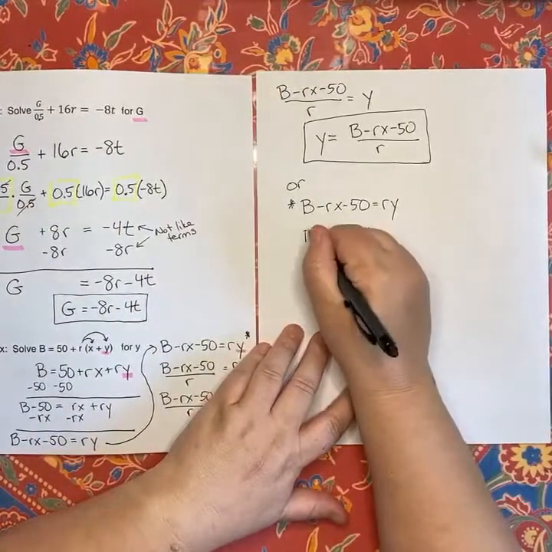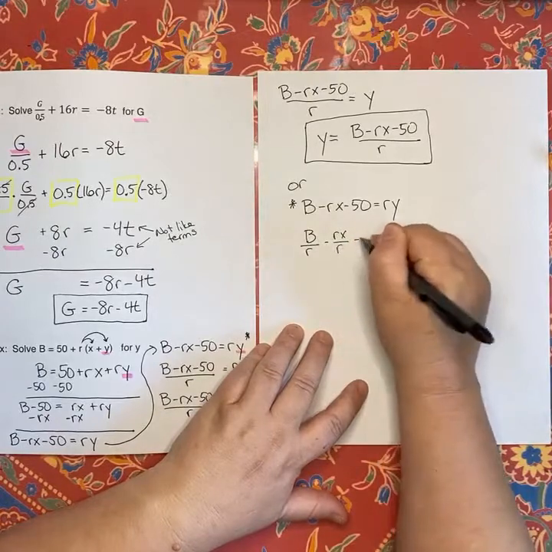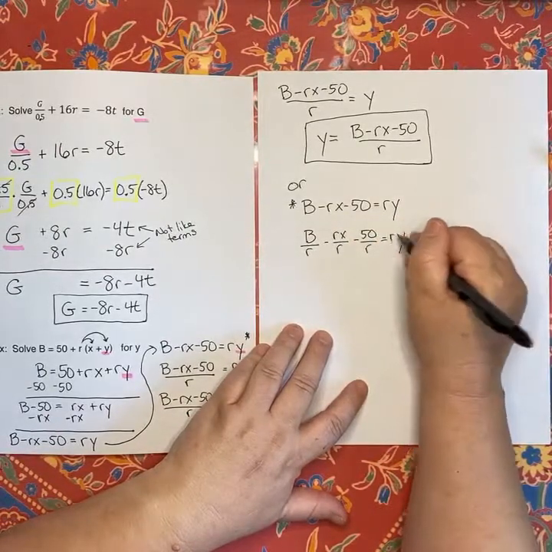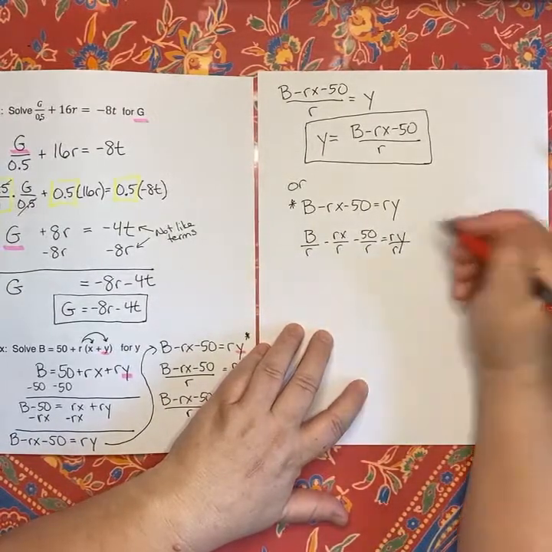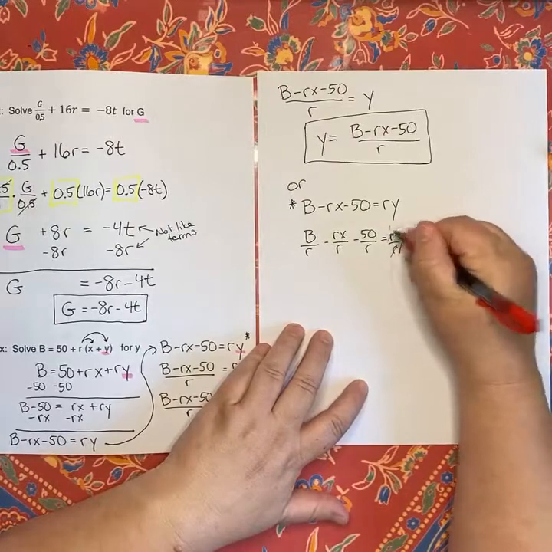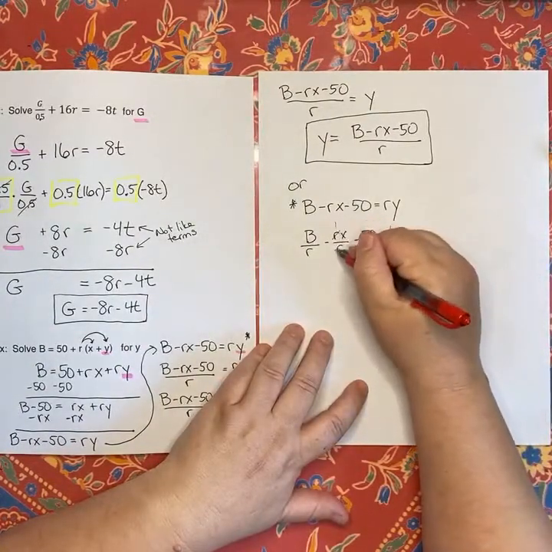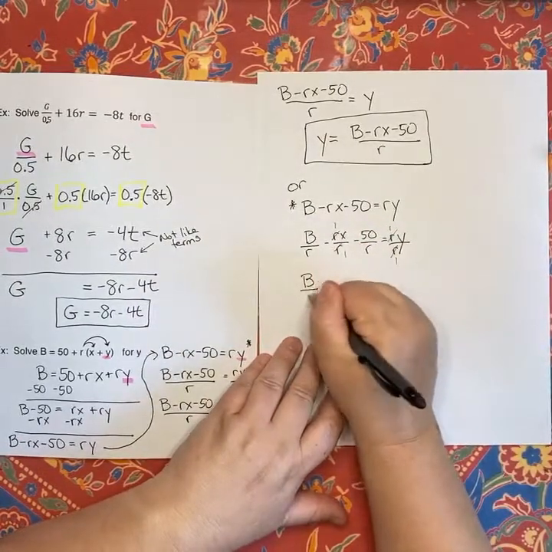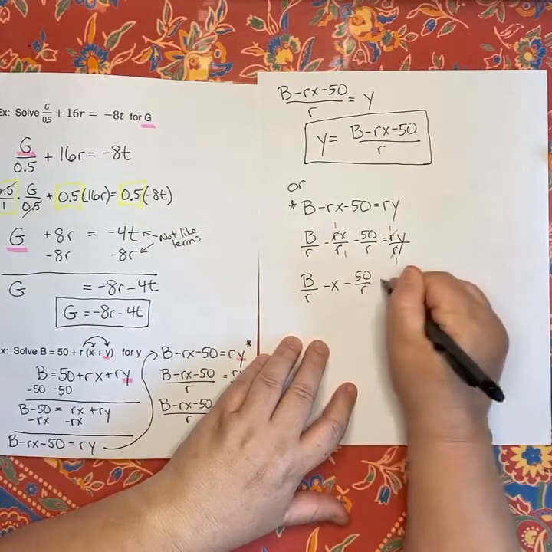So what if I just divide by r individually? Okay. Well, then we notice over on the right, the r cancels. Awesome. But we also notice right here, the r also cancels. So I get b over r minus x minus 50 over r equals y.